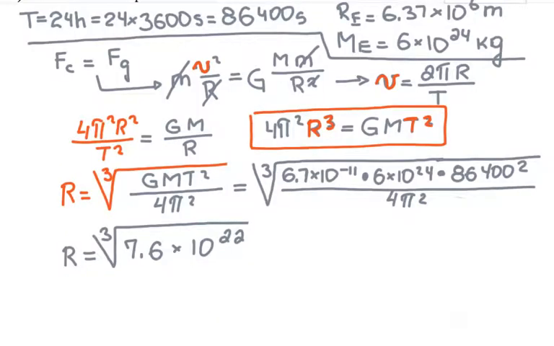I got 7.6 × 10^22, and sometimes it's complicated to enter this in your calculator. So what I'm gonna show you is like this. I'm gonna take one of the 22 to make the number larger, so it's gonna be 76, and then I have 10^21, and the cube root is the same as the power of 1/3.